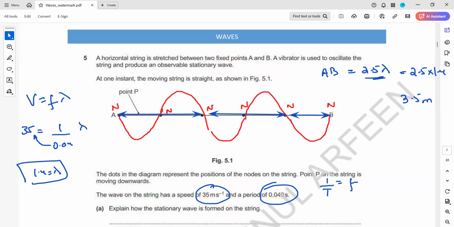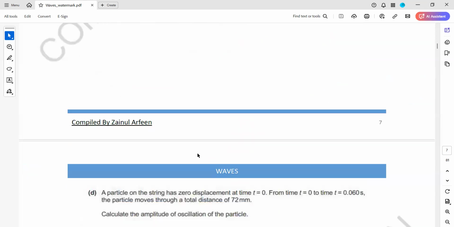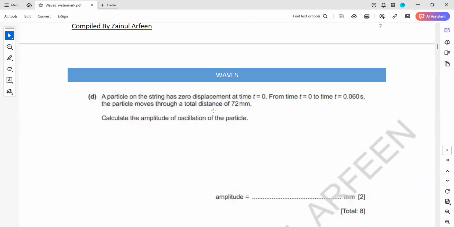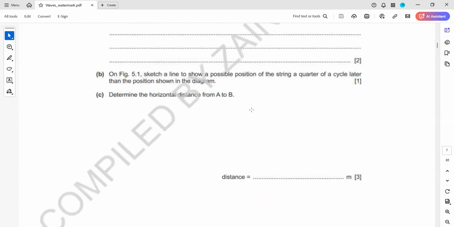The next we have: a particle on a string has a zero displacement at time t equals 0. From t equals 0 to t equals 0.06 seconds, the particle moved through a distance of 72 millimeter. Calculate the amplitude of the oscillating particle.